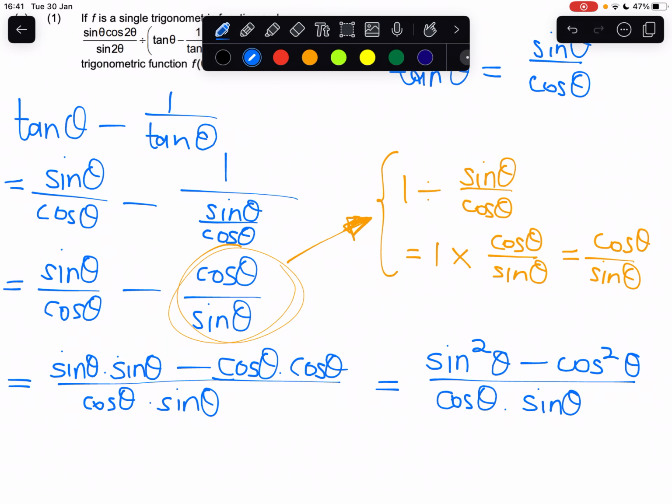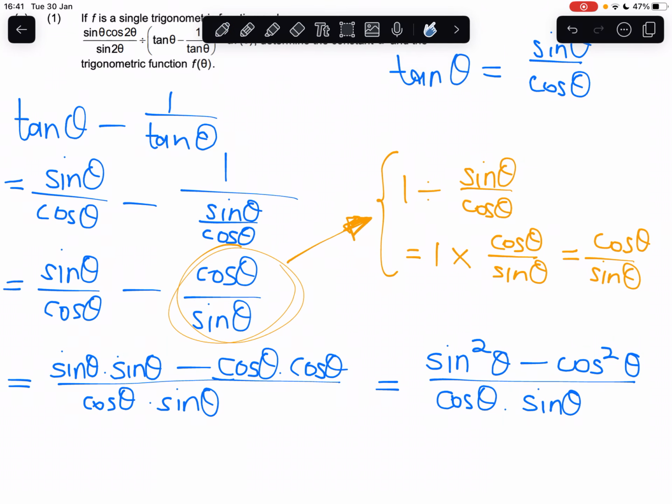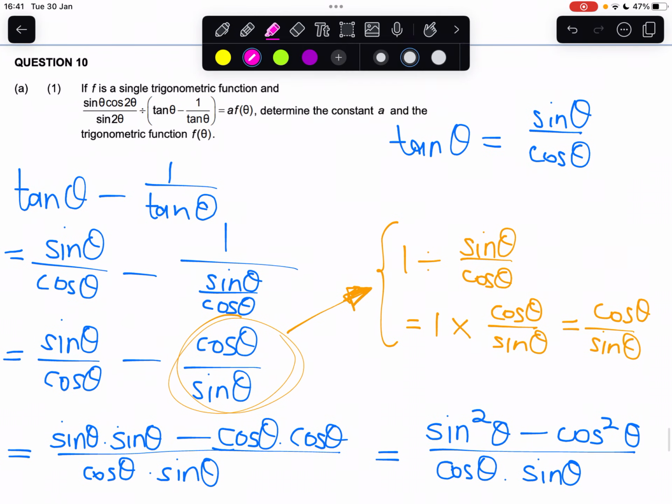Just going back to our original expression, right? Because I can see in that bit of the expression that some of our trig functions have 2 theta as the angle. And this is giving double angle identity.